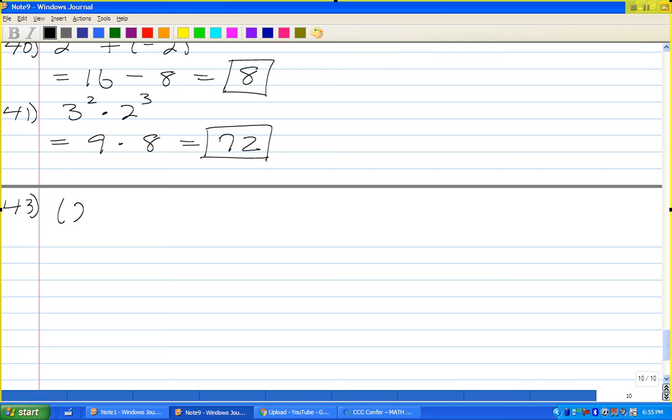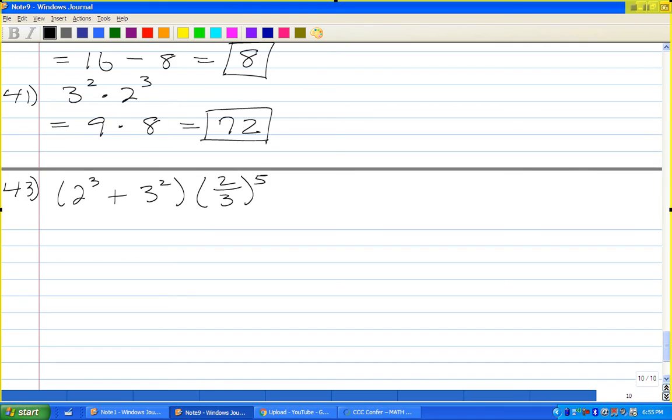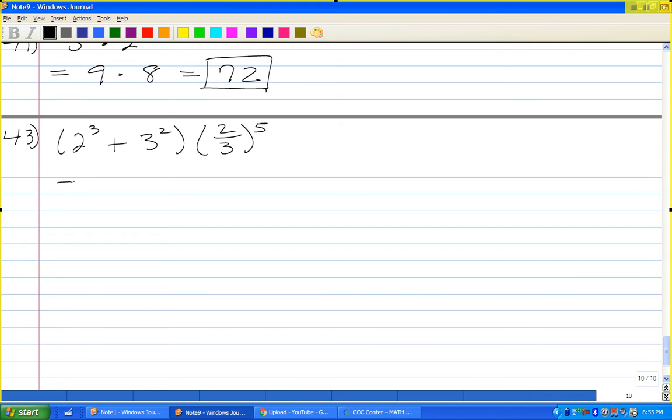Problem 43. 2 cubed plus 3 squared, over 2 thirds to the 5th. 2 cubed, 8. 3 squared, 9.